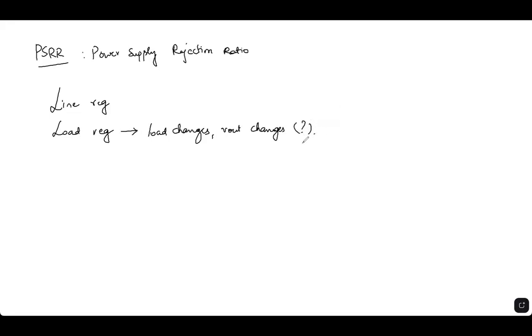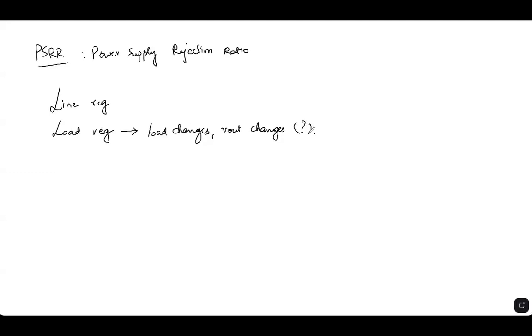Because this LDO is in regulation, we want to make sure that this load regulation is very good, meaning we shouldn't have any fluctuation at the output because of the load, which typically doesn't happen. But this is what it means.